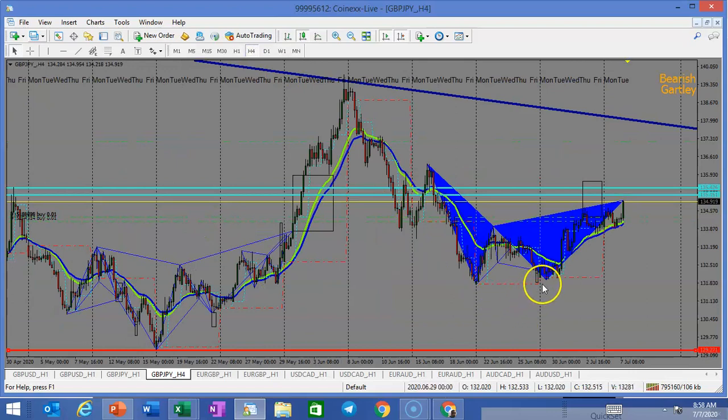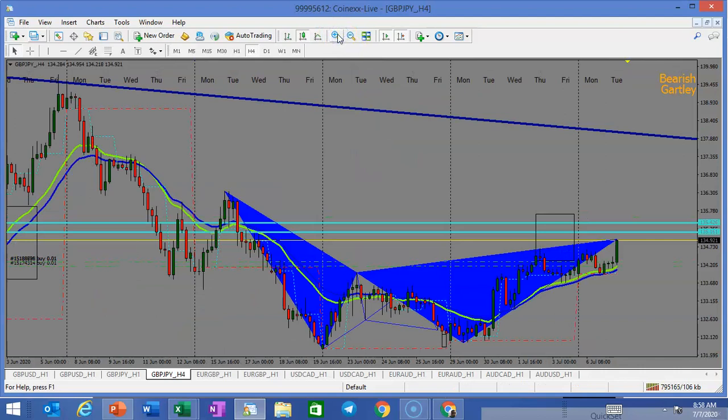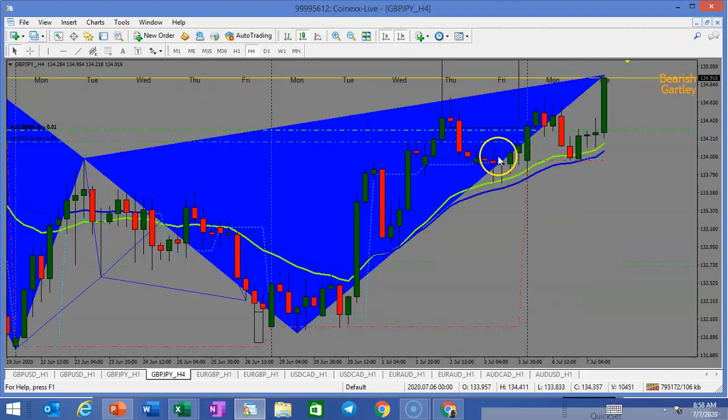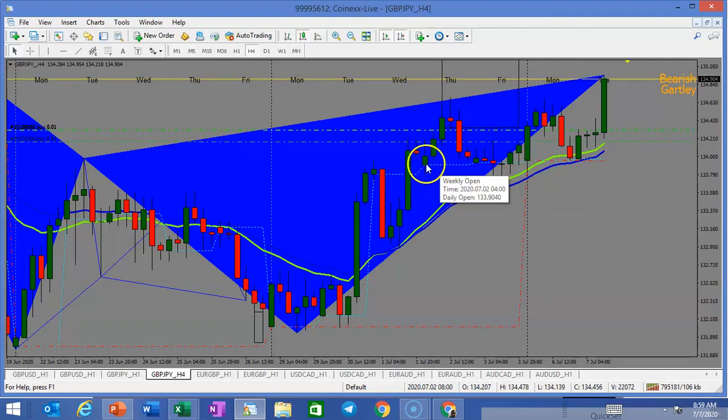And if you look at it on higher time frames, it's actually wicks. You see? It actually wicked through this area. Wick.